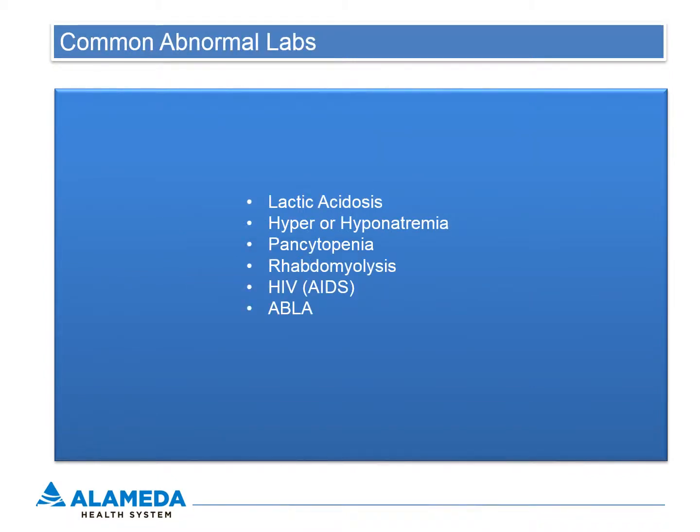The most common abnormal labs that impact the patient acuity, and the ones we see most frequently, are lactic acidosis, hyper or hyponatremia, pancytopenia, rhabdo, HIV, AIDS, and acute blood loss anemia.